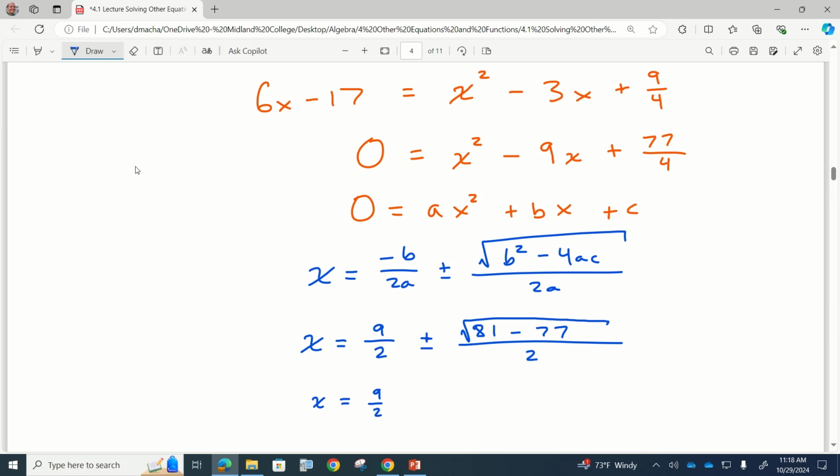Square root of 4 is 2. 2 divided by 2 is 1. So I've got two solutions, which are 9 over 2. Oh, sorry, not 9 over 2. 7 over 2 and 11 over 2.